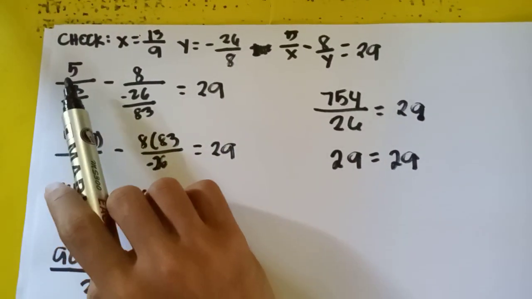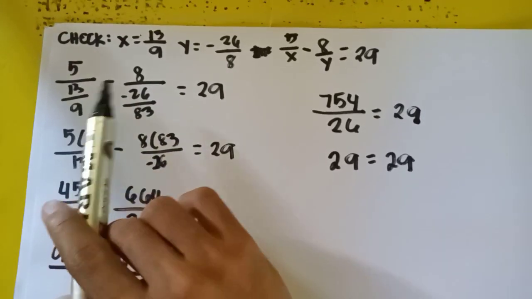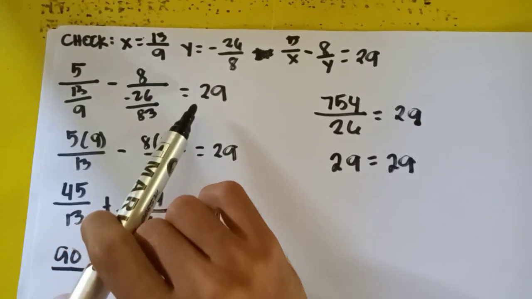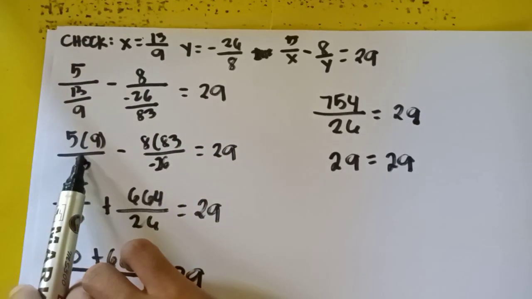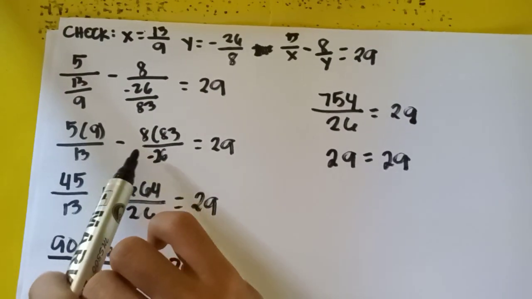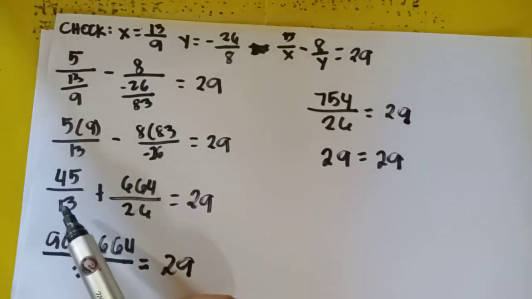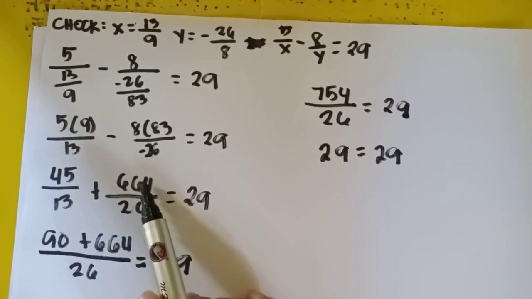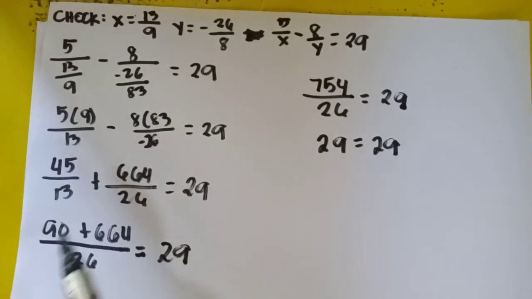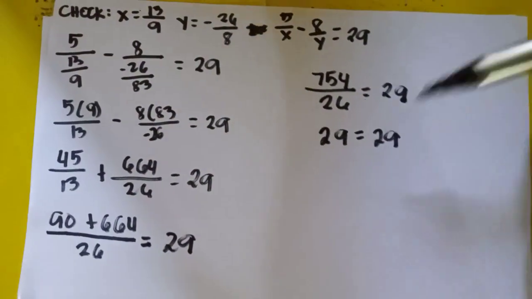So now, we will substitute the value of x and the value of y. 5 over 13 over 9 minus 8 over negative 26 over 83 equals 29. 5 times 9 over 13 minus 8 times 83 over negative 26 equals 29. 5 times 9 is 45 over 13. And then 8 times 83 is 664 over 26 equals 29. 90 plus 664 over 26 equals 29.